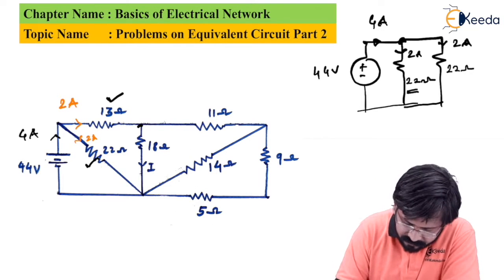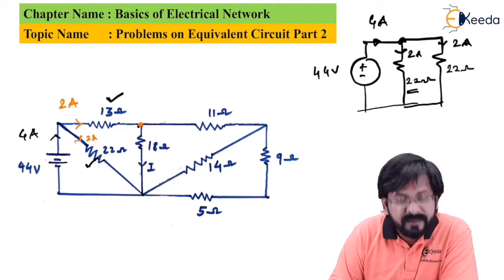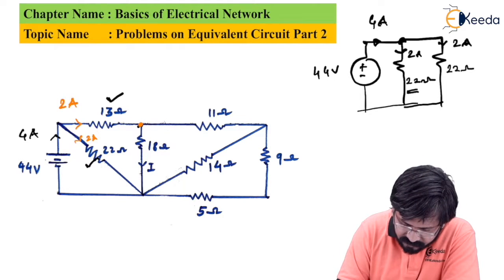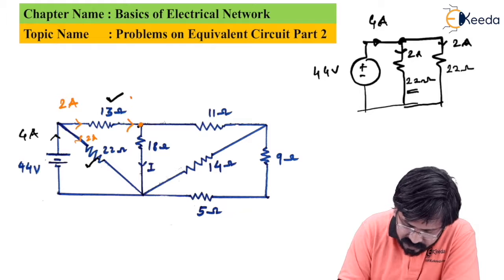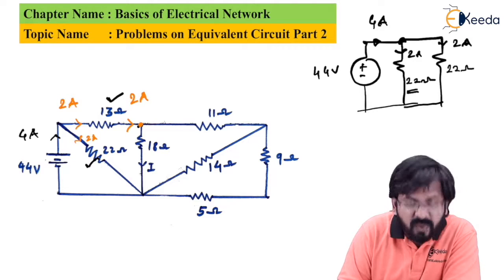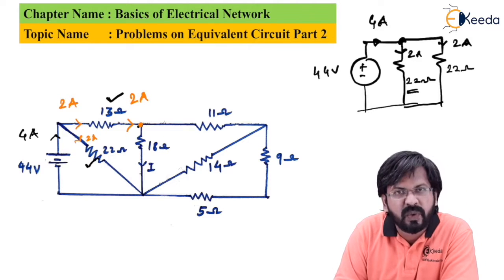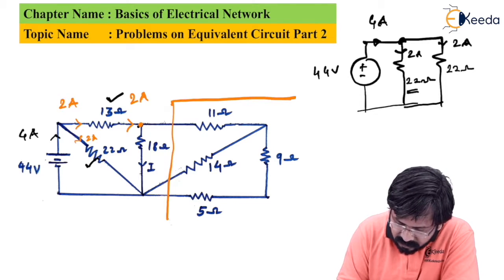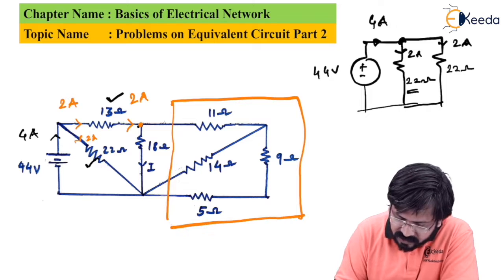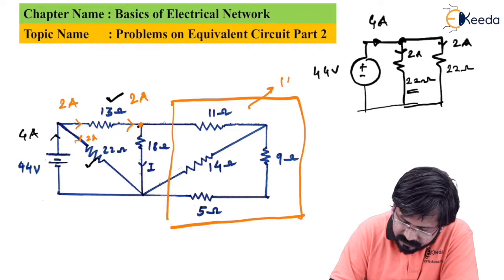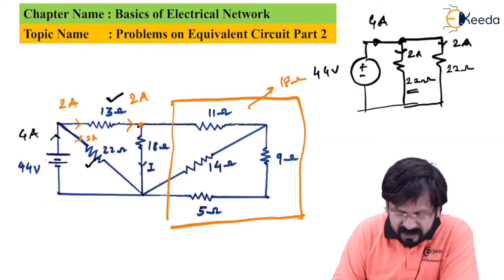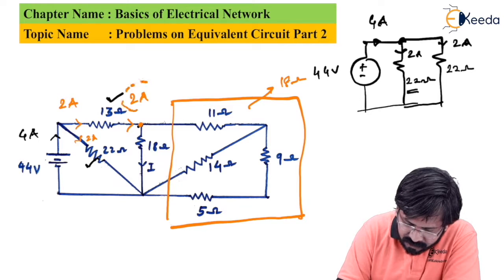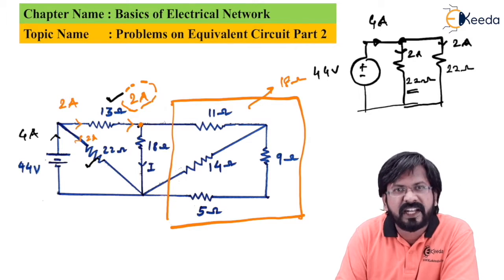Further, think about this point. The current which comes at this point is 2 ampere, and again there is a node formation, the current is getting divided into two parts. If you see carefully, the equivalent part of this circuit is again 18 ohms, meaning that this 2 ampere current will also get divided equally.